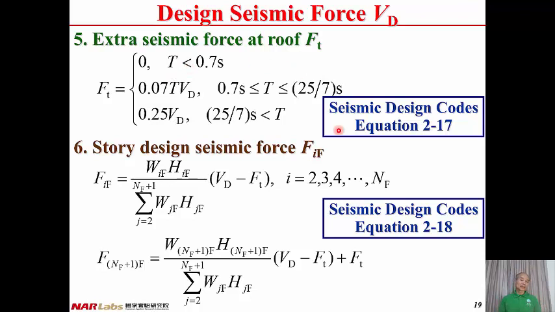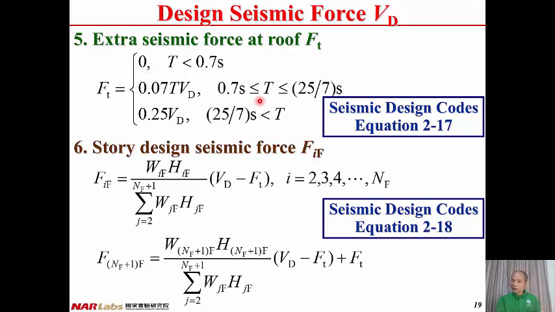According to seismic design code equation 2-17, we have this equation. If the structural vibration period is less than 0.7 seconds, no extra seismic force is applied at the roof.